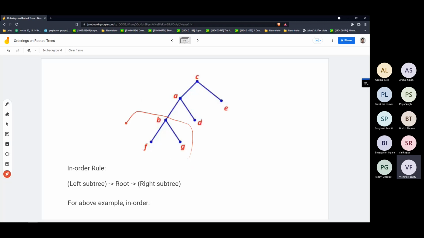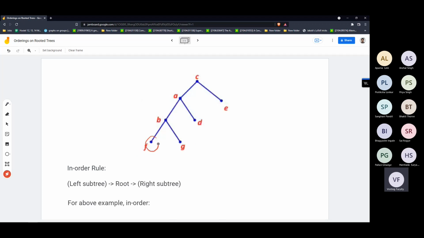Again, in this subtree, these are singletons. So this is the root, this is the left subtree, this is the right subtree, just one vertex each. So in this left subtree, it's clear. This will wait left subtree first, then the root, then the right subtree. So in order, you will go below.